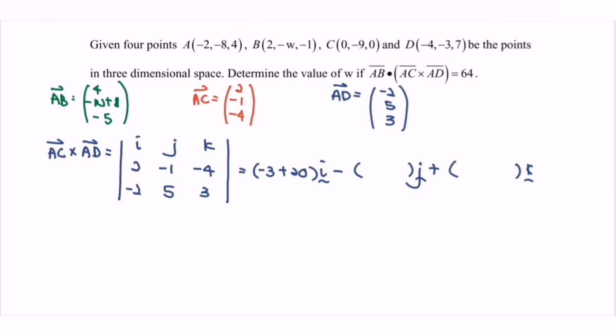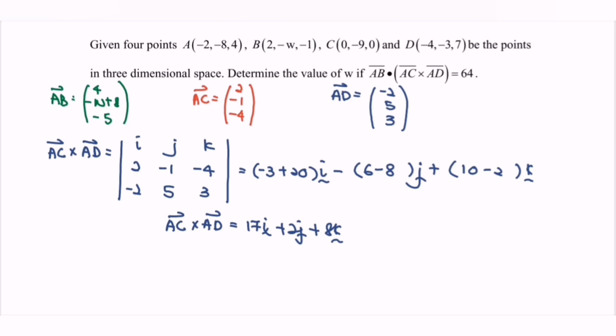Next is to find J. Close up the J and we have I cross K. Followed by K. Close up the K and we have I cross J. So finally, AC cross AD gives the vector product, which is 17I plus 2J plus 8K.